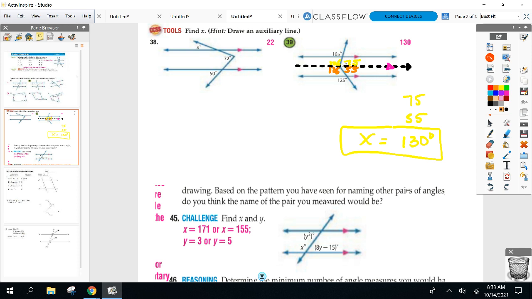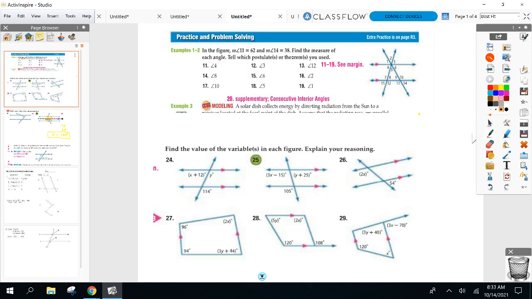Yes. Can you do number 15? Okay, hold on one second. Actually, let me say 45 to the end. So yes, I'll do 15, angle 6, find angle 6. All right, so let's see, what did I have here? Angle 11 was 62. Angle 14 was 38. And then find angle 6.